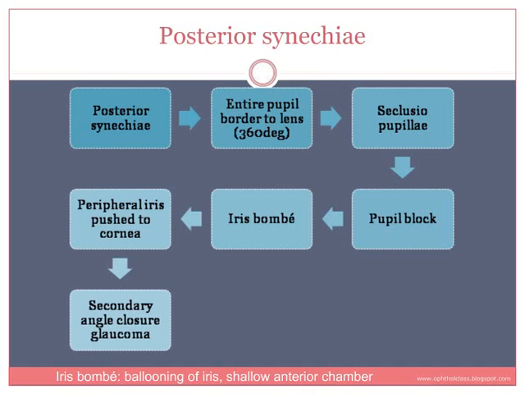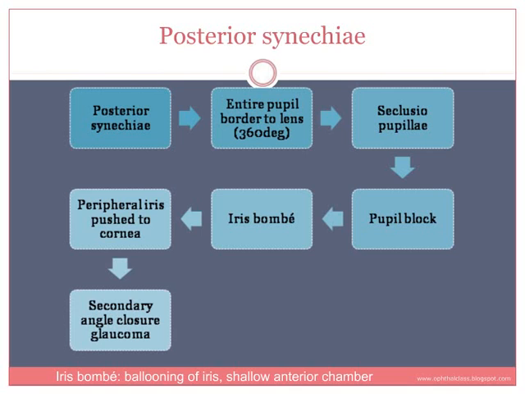The aqueous collects behind the iris and this balloons the iris into the anterior chamber. So the anterior chamber shallows. Such an iris is called iris bombe. The ballooning of the iris gets the iris closer to the cornea in the periphery. In fact, it closes the angle of the anterior chamber, and this is called secondary angle closure, which results in glaucoma.